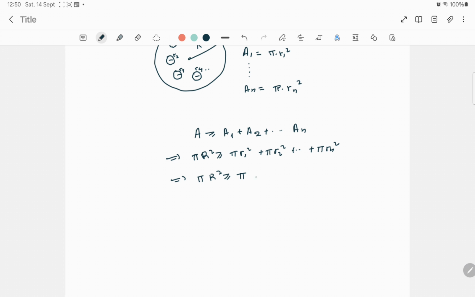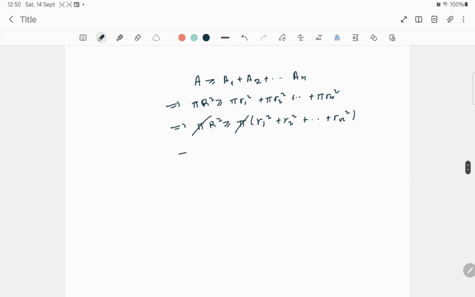I can take pi to be the common factor, r1 squared plus r2 squared plus rn squared. I can simplify pi, and I have that r squared should be greater or equal than the sum of the squares of the radii of the different circles.